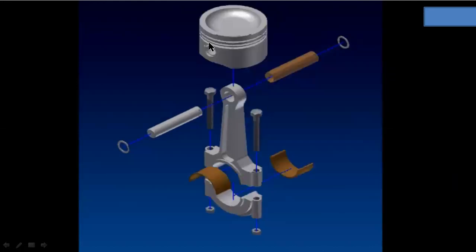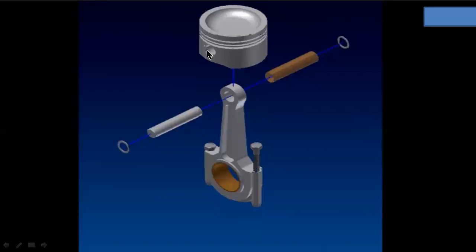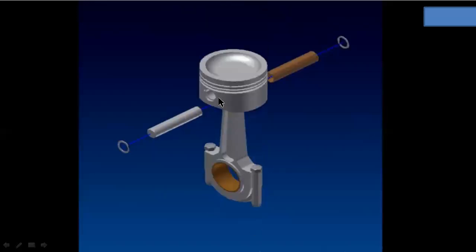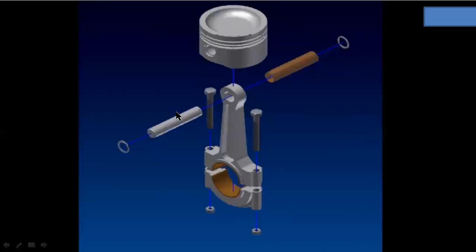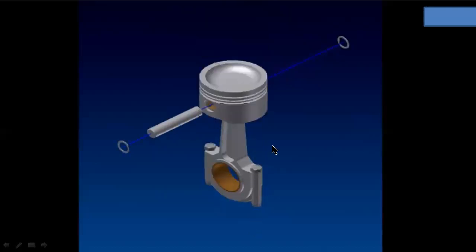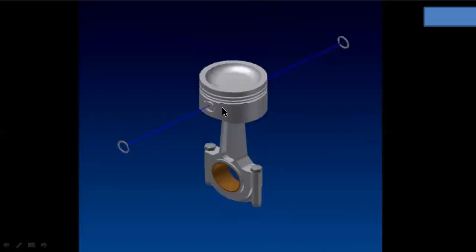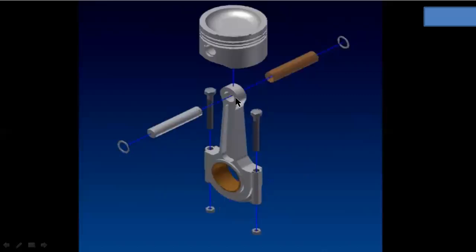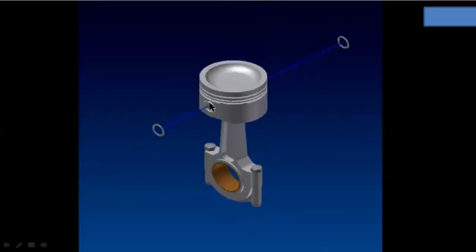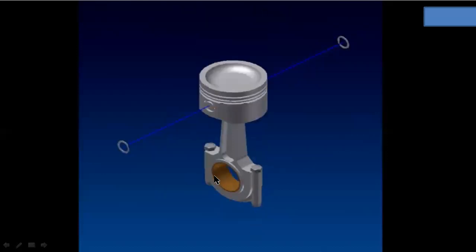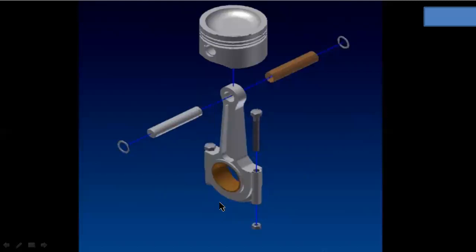This is a piston hole for inserting the piston pin. This is a piston pin. This is a phosphor bronze bush, and this is a big end hole. This is a small end hole. The small end of the connecting rod is connected to the piston pin, and the big end of the connecting rod is connected to the crank pin.